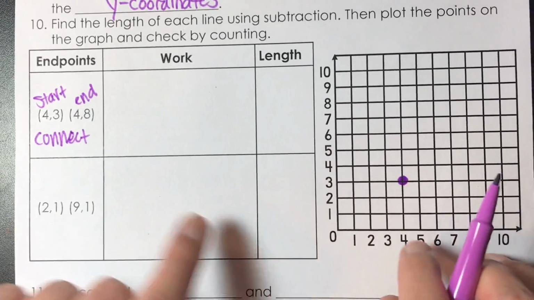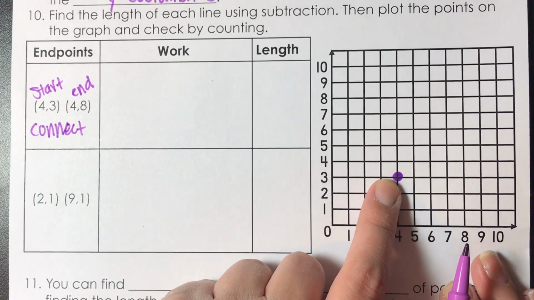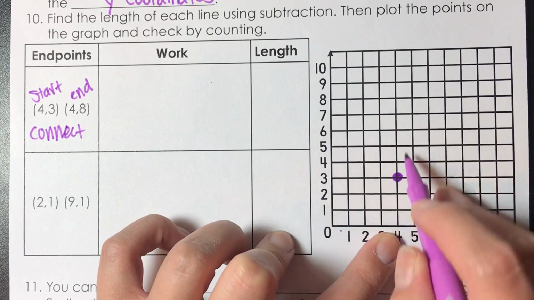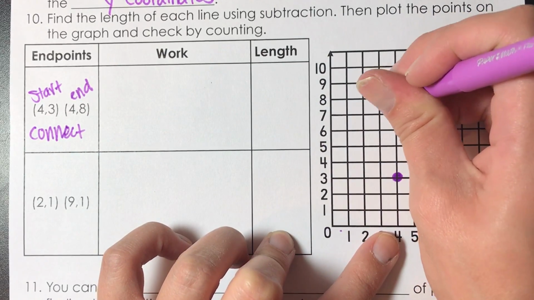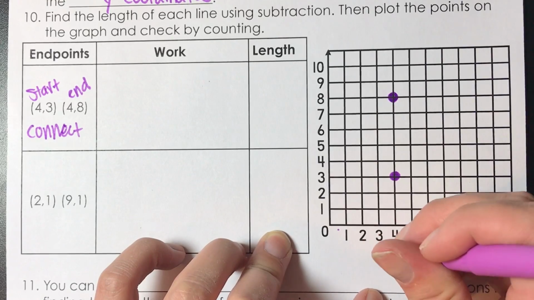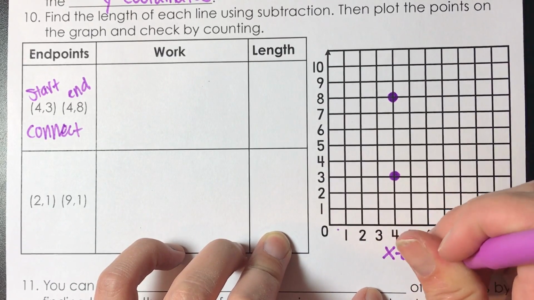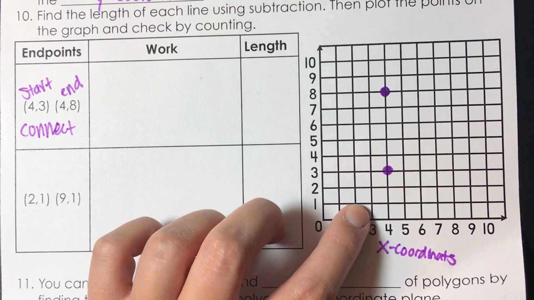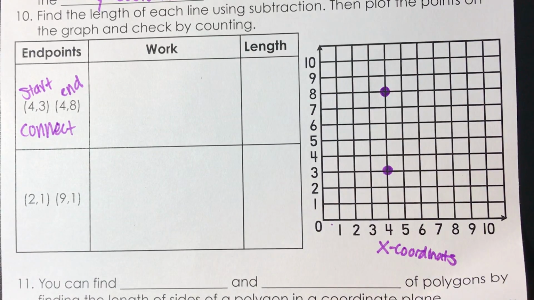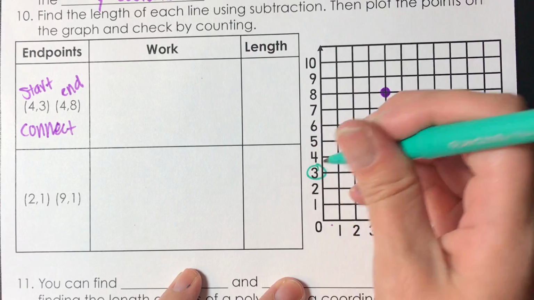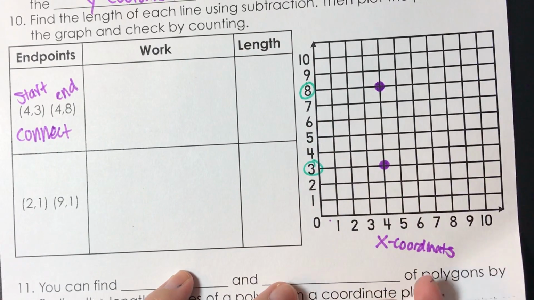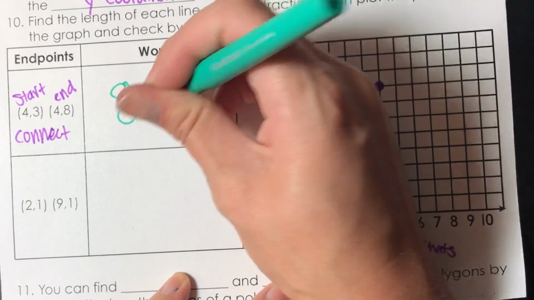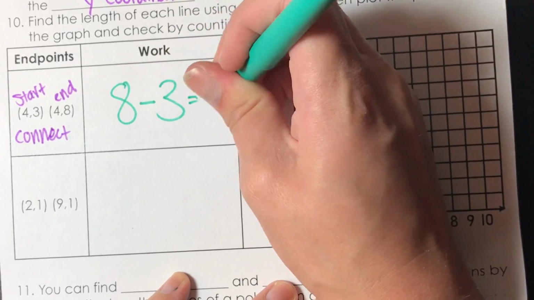So I have my first one, positive 4, positive 3, and now I'm going to put the endpoint, positive 4, positive 8, so all the way up here. So see, their x coordinates are the same. So because those are the same, I'm going to focus on their y coordinates that are different. So I have 8 minus 3 equals 5.